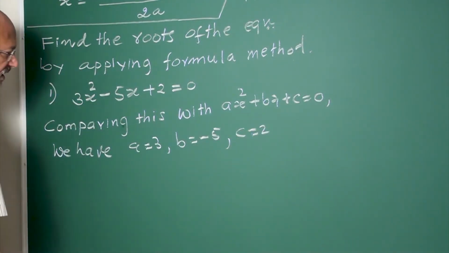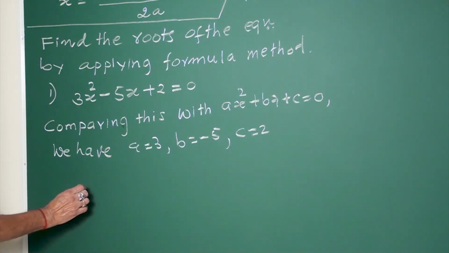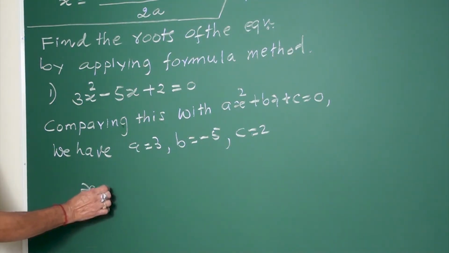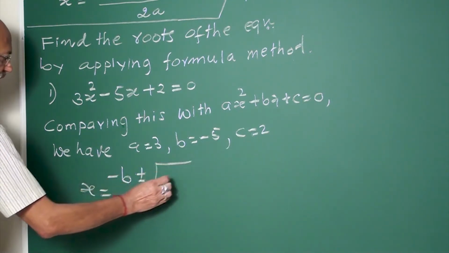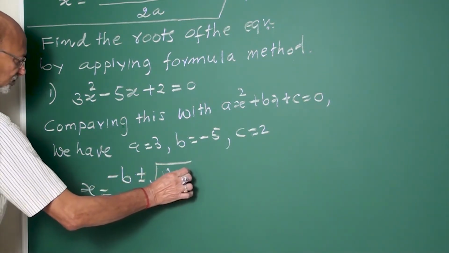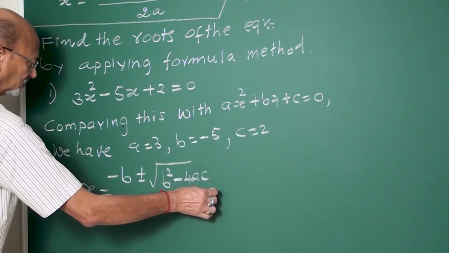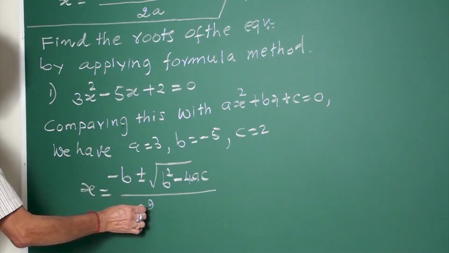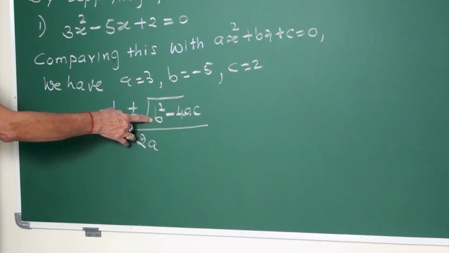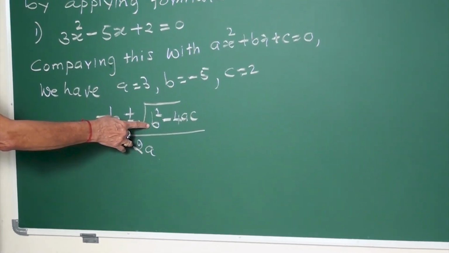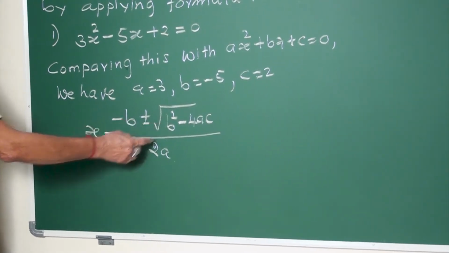Then what is the formula? Formula is x equal to minus b plus minus square root of b square minus 4ac upon 2a. First we have to find this. If b square minus 4ac is positive or 0, roots are real; negative, imaginary.